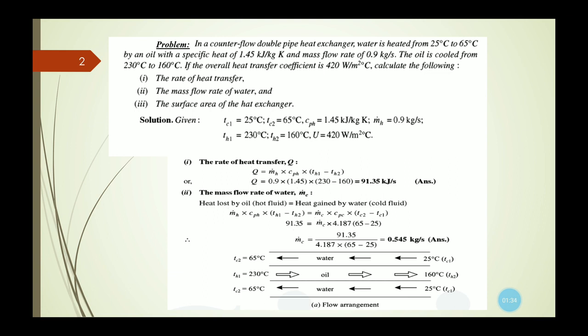The oil is cooled from 230 degrees centigrade to 160 degrees centigrade. If the overall heat transfer coefficient is 420 watt per meter square degree centigrade, then you need to calculate the rate of heat transfer, then the mass flow rate of water, and number 3 the surface area of the heat exchanger.